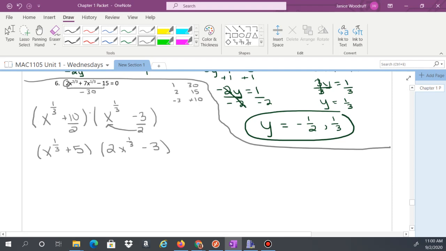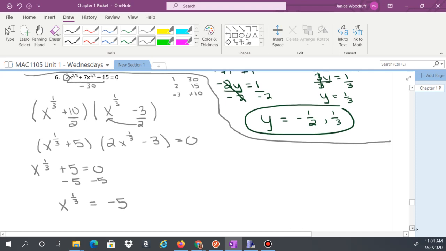Now when you solve, it does get a little bit different because you're going to have to get rid of the 1/3. So what you're going to do, take each factor and set it equal to 0. Okay, isolate the x, so I'm going to subtract 5. Any idea how to get rid of that 1/3?